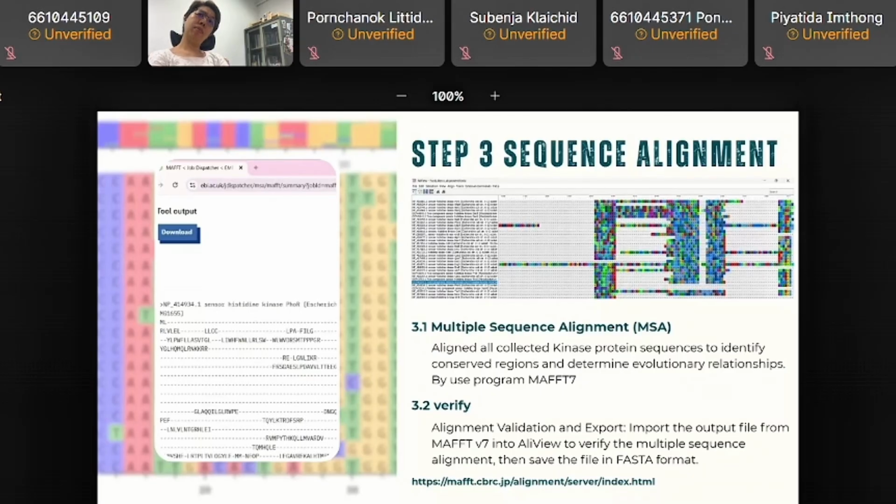But when I look at the environment, the E. coli is from nature, but the Mycobacterium tuberculosis lives inside our lung, and the histidine kinase shows very different from each other. So this is why I selected it. It came from just thinking of where they live and picking it.